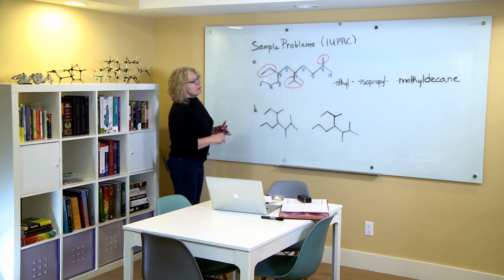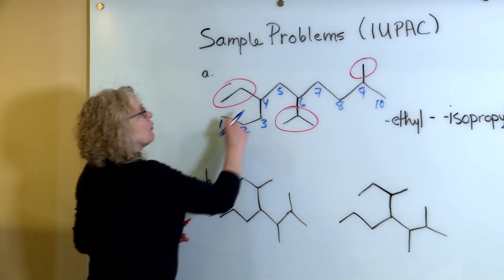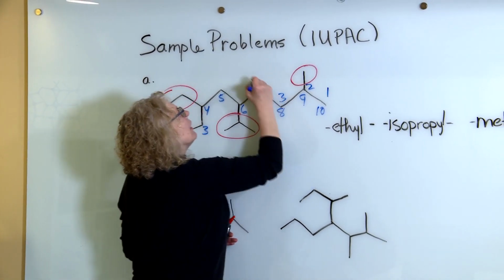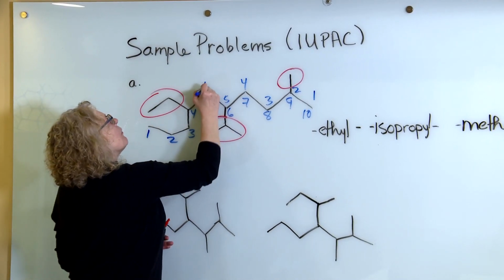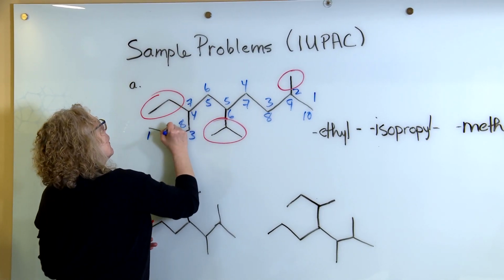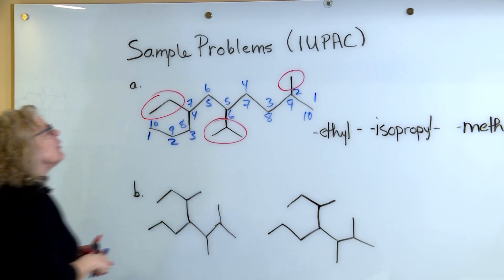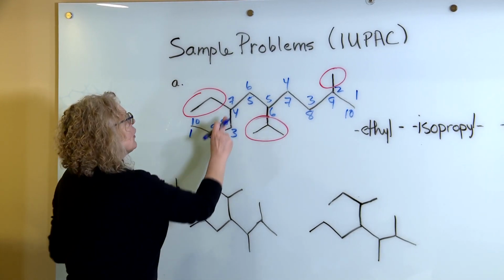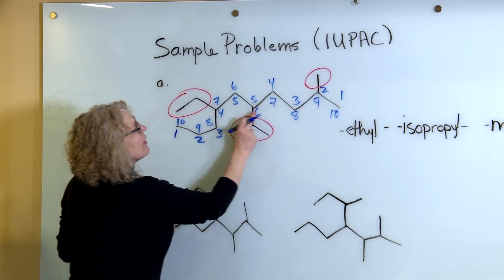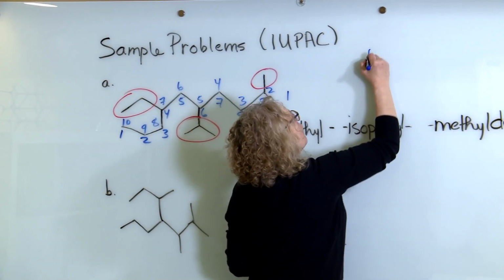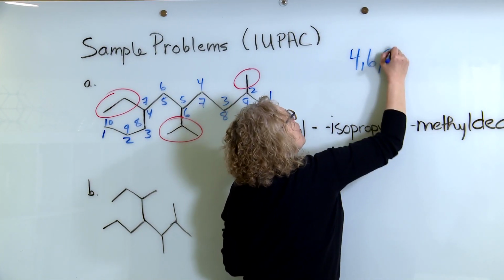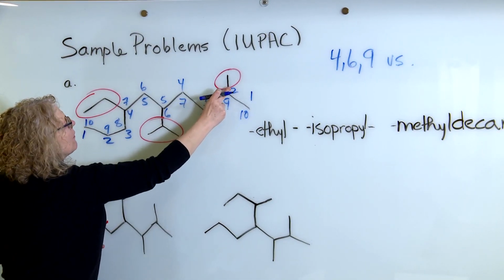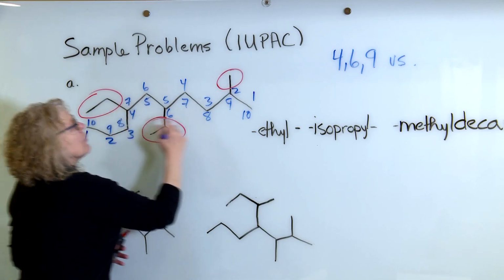Last thing we need to do is say, where are those alkyl substituents? So we've numbered in one direction, and I recommend you, at least at this point, still number in the other direction. So the two numbering schemes: if we take the bottom numbering scheme, we're looking at 4, 6, 9. Versus if we go in the other direction, we have a 2, 5, 7.